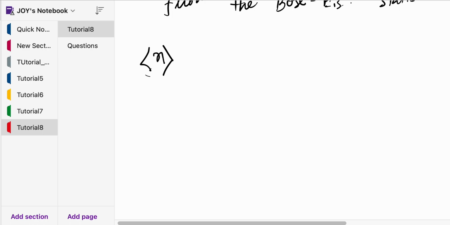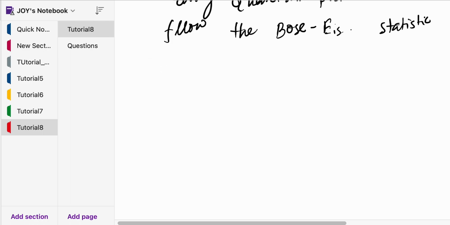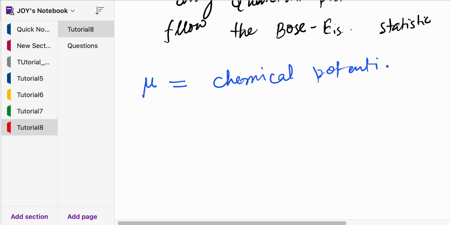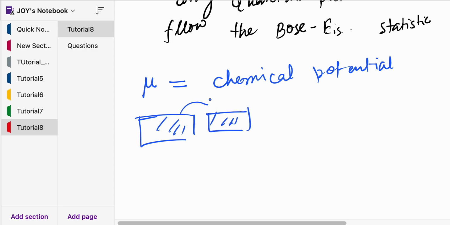As we know, mu is the chemical potential. Like temperature, when two objects are allowed to exchange energy, both objects' average energy will become the same, and this average kinetic energy is denoted by the quantity called temperature.